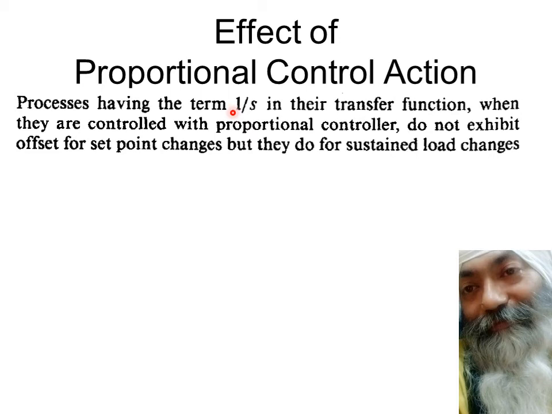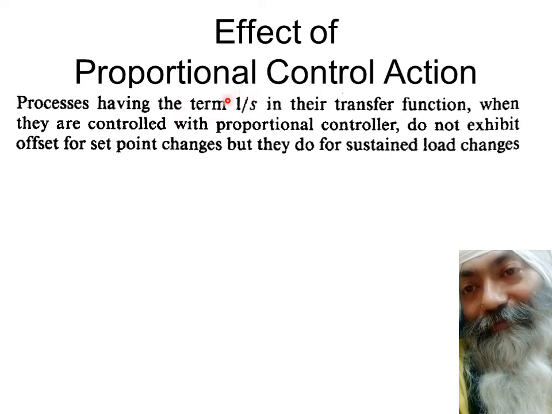When they are controlled with a proportional controller, specifically for set point changes, they do not exhibit offset. That is when we say that a proportional controller is not able to remove the offset in first order systems, the exception is provided that the process is not purely capacitive.